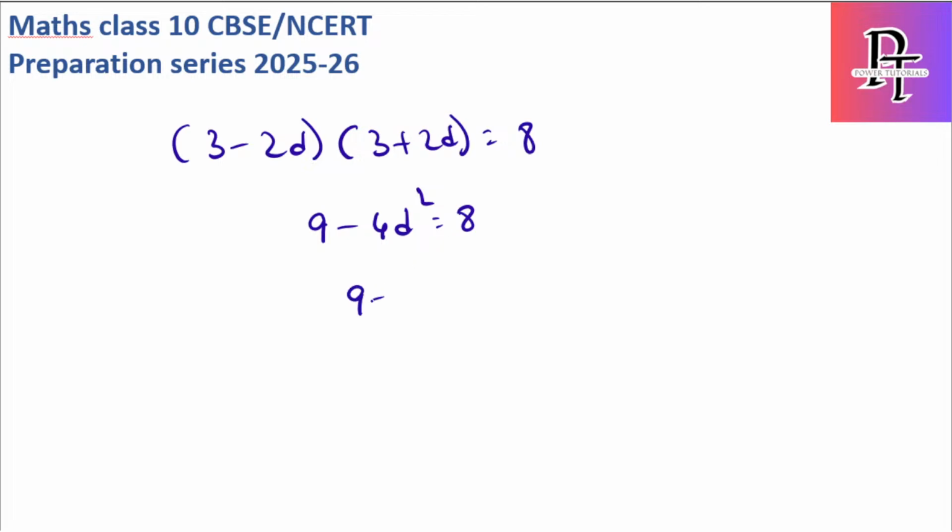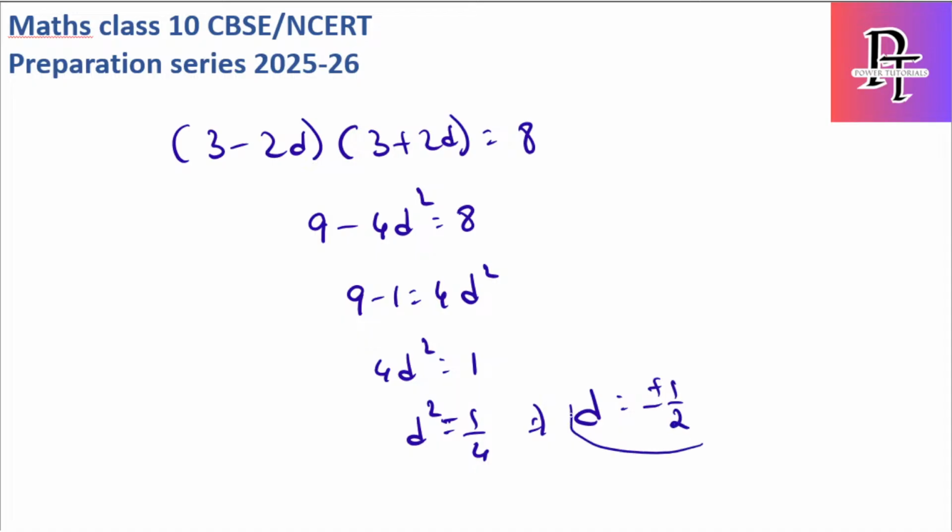So 8 minus 9, minus 1, is equal to minus 4d square. So 4d square is equal to 1, or d square is equal to 1 by 4, or simply I will get the d value as plus or minus 1 by 2.